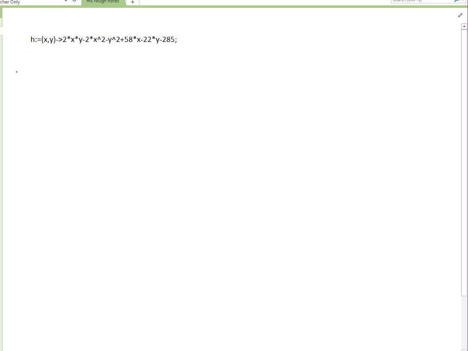Okay, so start as before with the first order conditions. So differentiating first with respect to x, we're going to have to set this equal to 0. So here we've got 2xy.